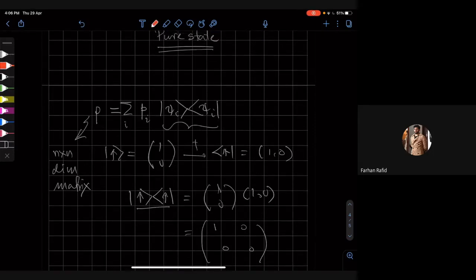So this is called a density matrix. A density matrix is the more abstract, more general object, I should say, that describes a non-pure state.